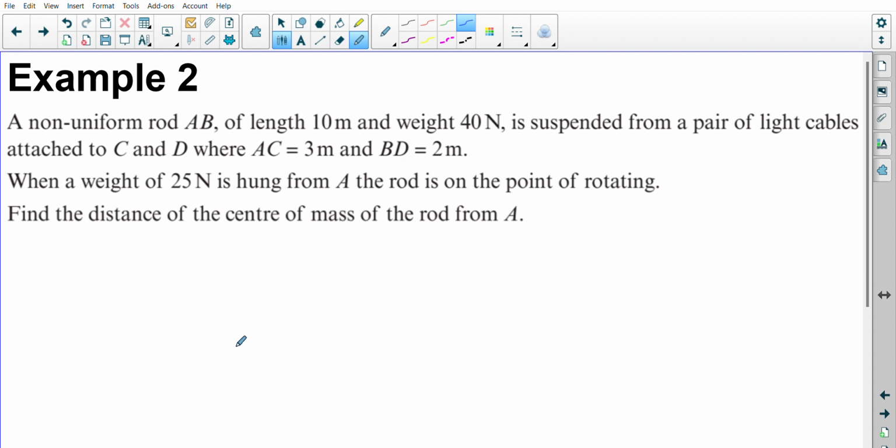Example 2. A non-uniform rod, AB, of length 10 meters and weight 40 newtons, is suspended from a pair of light cables.